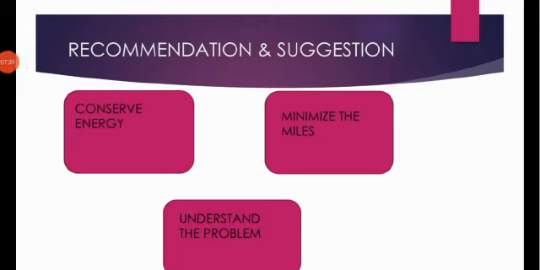And ending this video, we have proposed some recommendations and suggestions related to this topic, which is acid rain. So the first recommendation is to conserve energy. This is so we must reduce the usage of power plants that burn fossil fuels often. And the second one is to minimize the miles.